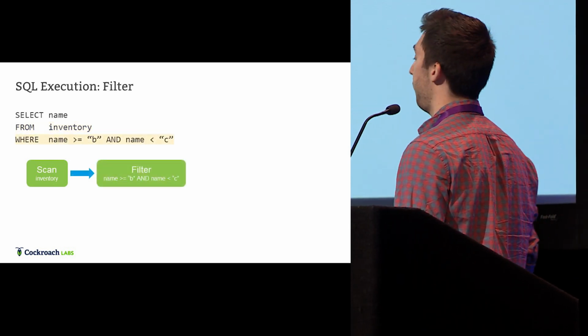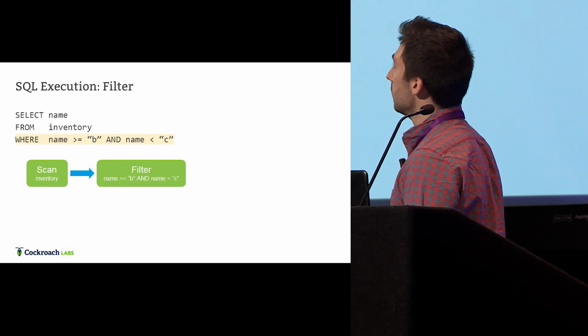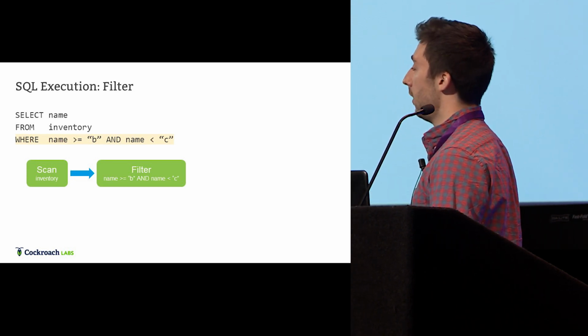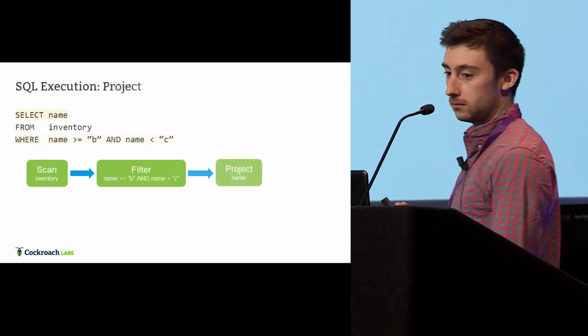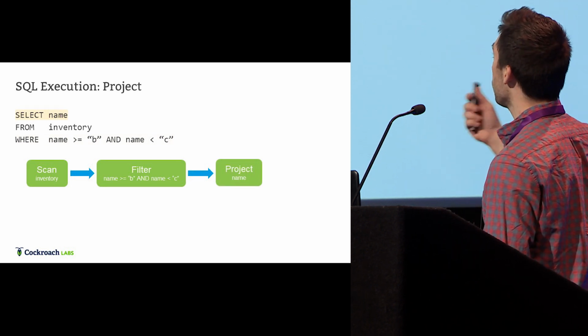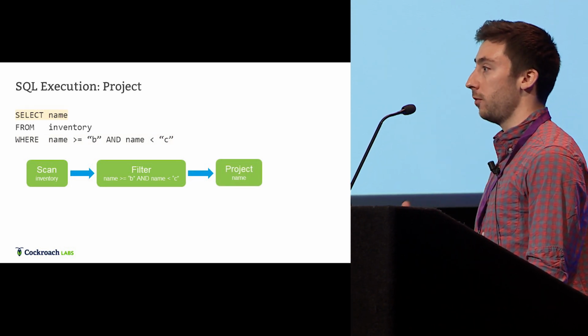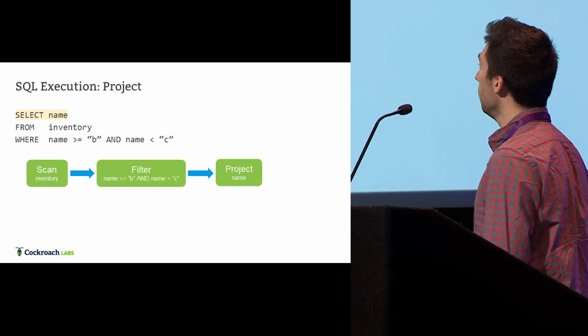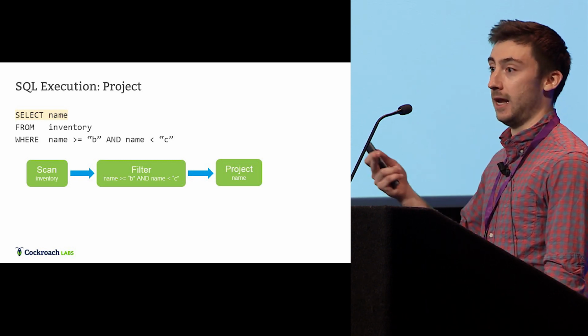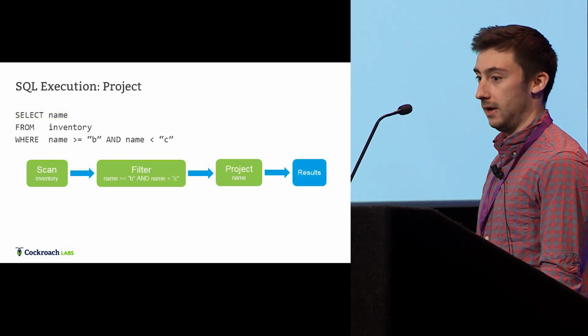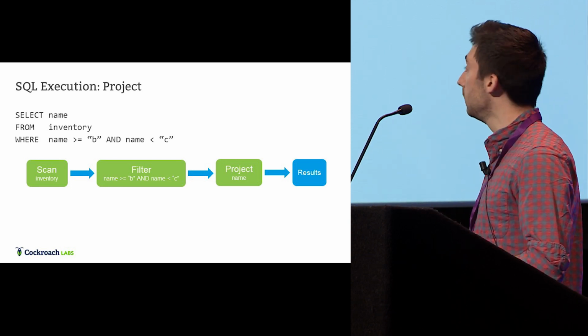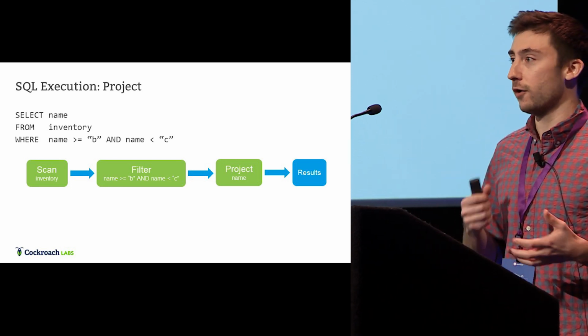And we pass this through a filter operator. So we're filtering based off of the name of each row. The resulting filtered rows are projected out to just show the columns that are desired here. In this case, just the name column. And that result is returned to the client. So it's all actually fairly straightforward.